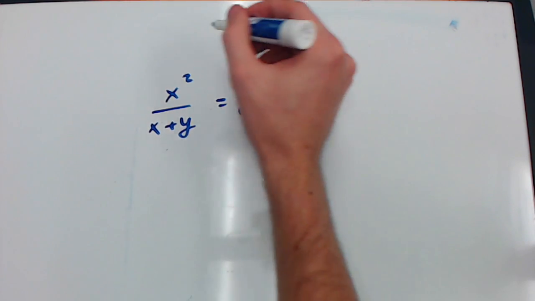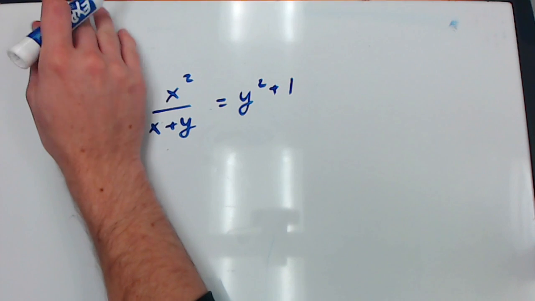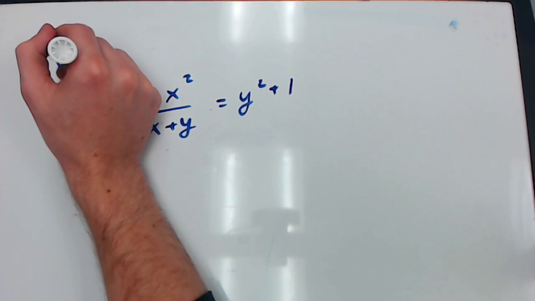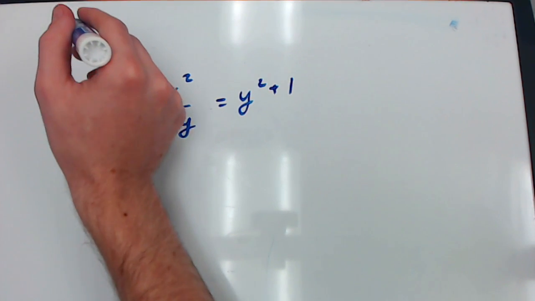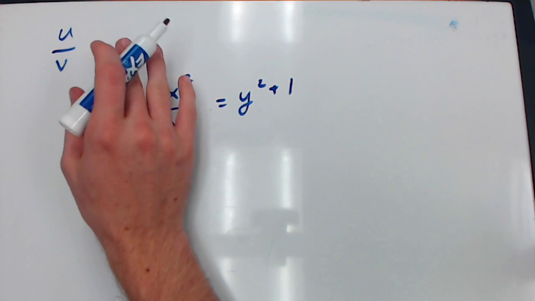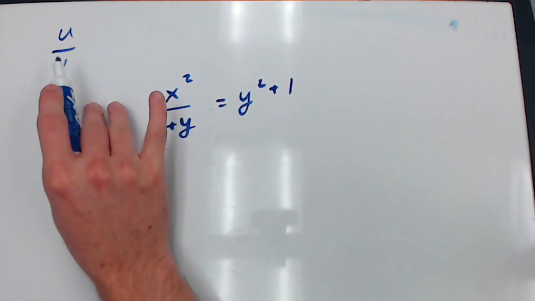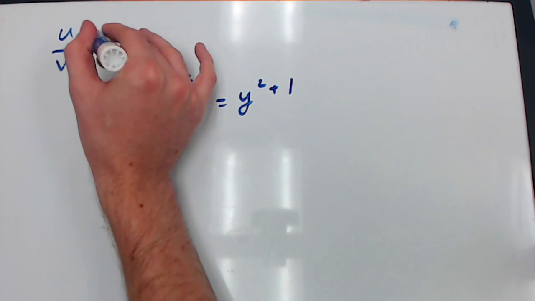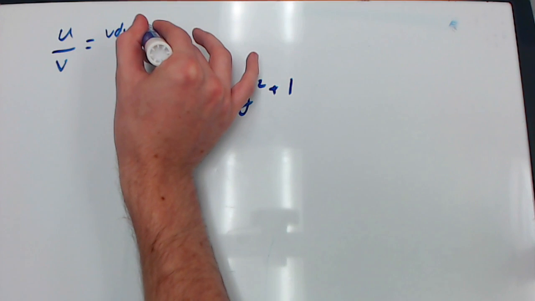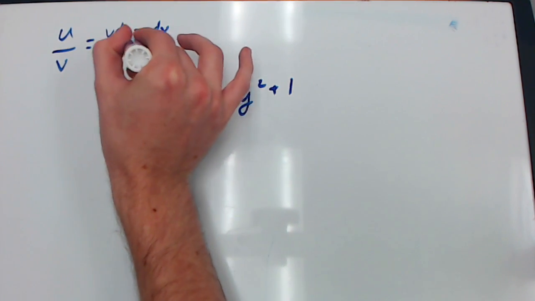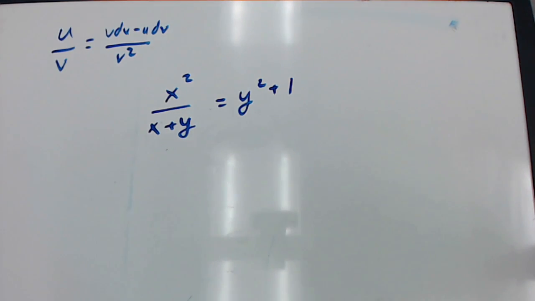Once again, I like to use u's and v's for my examples when it comes to anything quotient rule and product rule related. So the derivative of u over v would be v du minus u dv all over v squared.